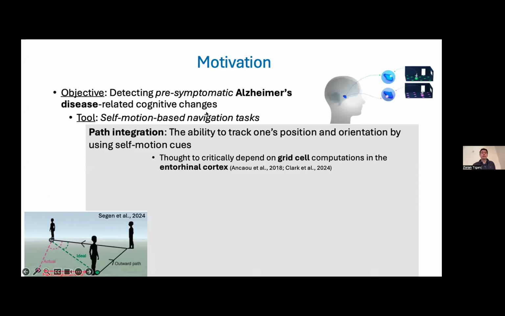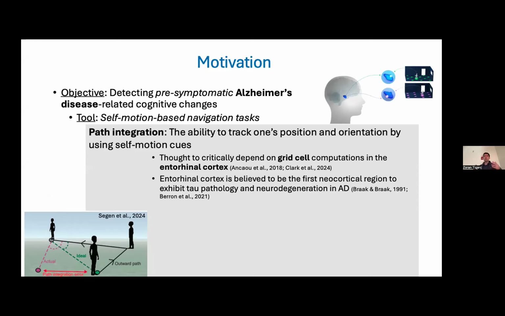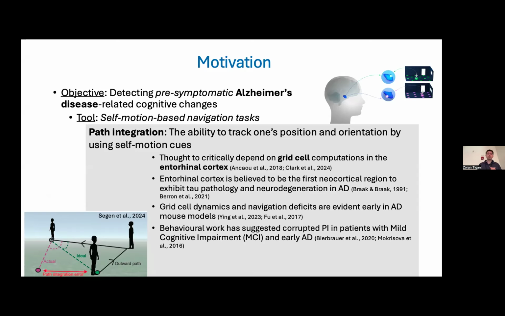On one side, it's thought to critically depend on grid cell computation in the entorhinal cortex. Entorhinal cortex is believed to be the first neocortical region to exhibit tau pathology, and then neurodegeneration in AD, and grid cell dynamics and navigation deficits are also known in AD models in mouse. And behavioral work has suggested corrupted path integration in MCI, mild cognitive impairment, and early AD.